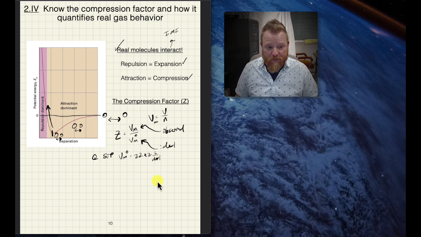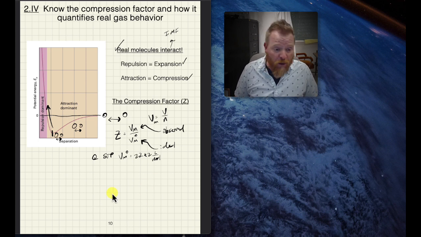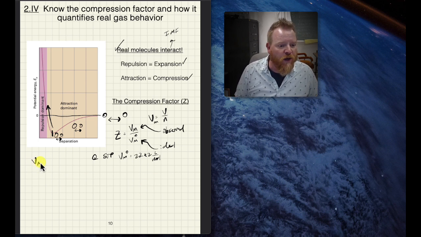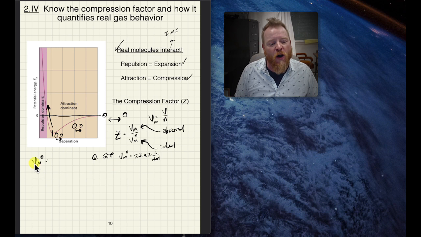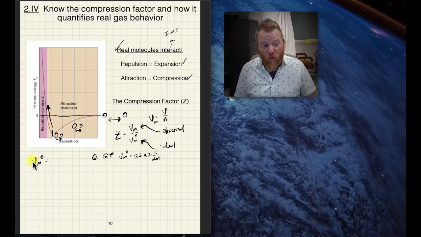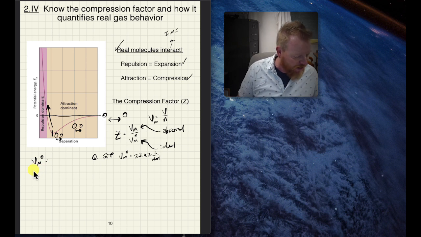But if we're not at STP, we could also calculate it, right? So we know from the ideal gas law, PV equals nRT. Well, we've already got that n taken care of.